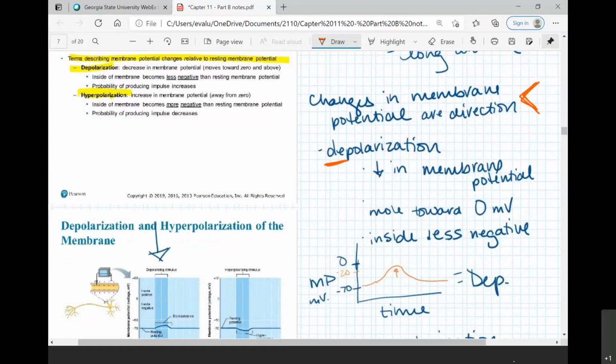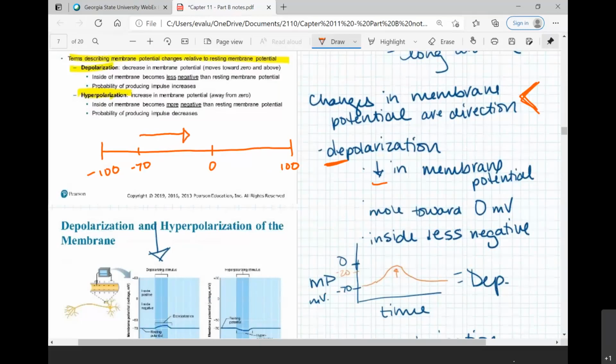Depolarization is a decrease. If we look at a number line, and this is 0, this is going to be -100, and this is going to be 100. It's not even, I apologize. We live at -70 in our neurons, so we're down here. When we say depolarization, it's a decrease in membrane potential. We mean we're going towards 0.